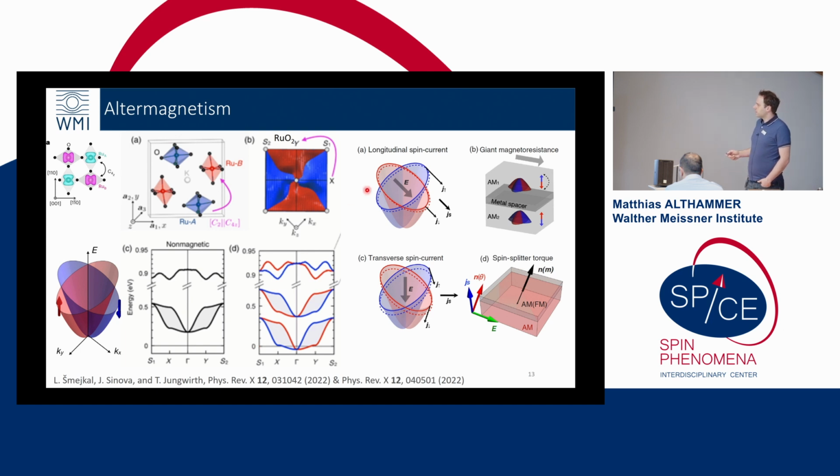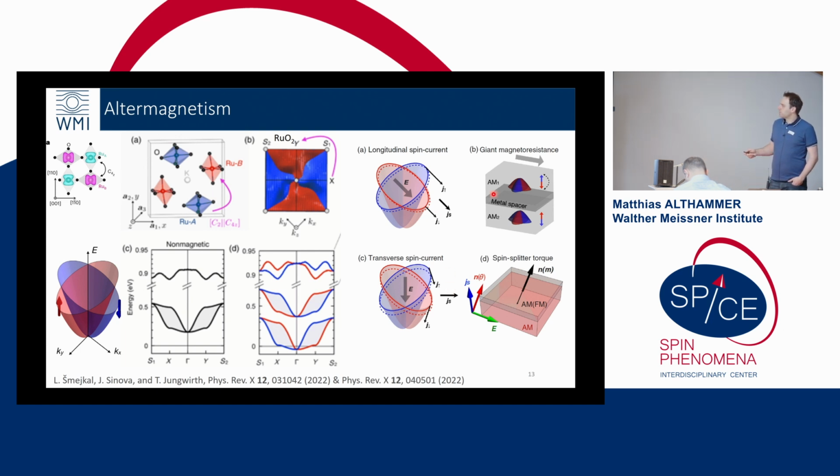With this, you can think about the structure in this ruthenium dioxide as these two shifted cones here, and depending on the orientation of the electric field that you apply, you can either generate a spin polarized current by going along one of these directions, but if you point the electric field along these nodal lines where the two spin bands are degenerate, you still get a transverse spin current.